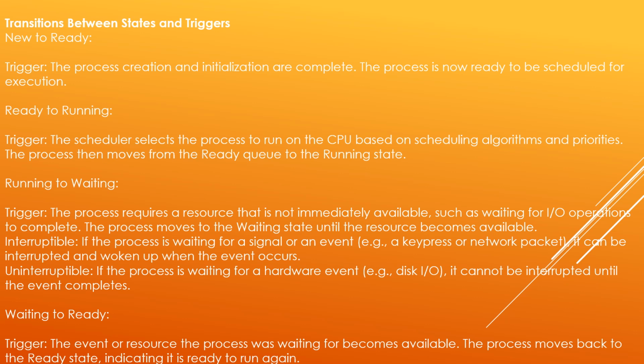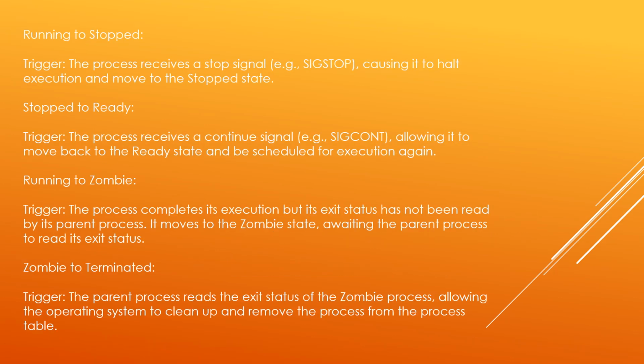Waiting to ready. The event or resource the process was waiting for becomes available. The process moves back to the ready state, indicating it is ready to run again. Running to stop. The process receives a stop signal, for example SIGSTOP, causing it to halt execution and move to the stop state.